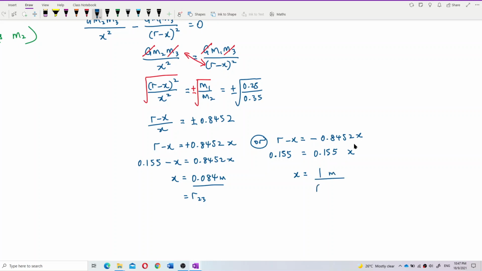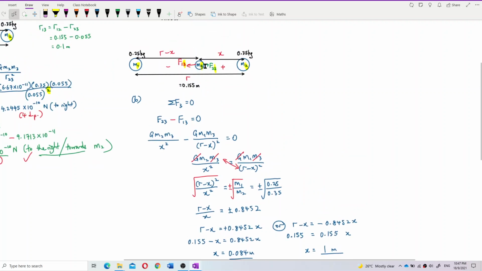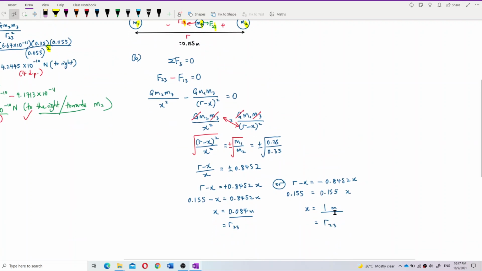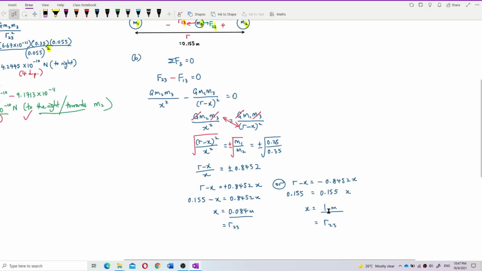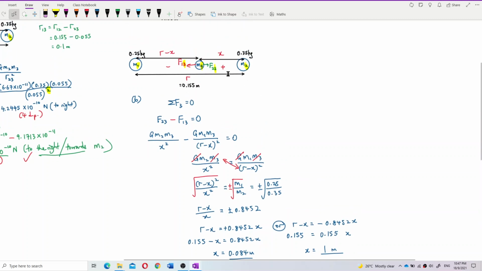So this is another distance for x. X is the distance between 2 and 3. So it's either 1 meter. Can it be 1 meter? Is it possible? No, it's not possible.